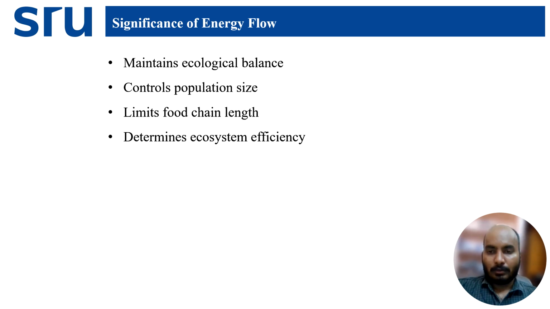Starting from the producers like plants, there is 100% availability of energy. From producers to primary consumers, there is 90% loss and 10% availability of energy. From primary to secondary consumers, it decreases again to 9%, so the availability of energy is only 1%.